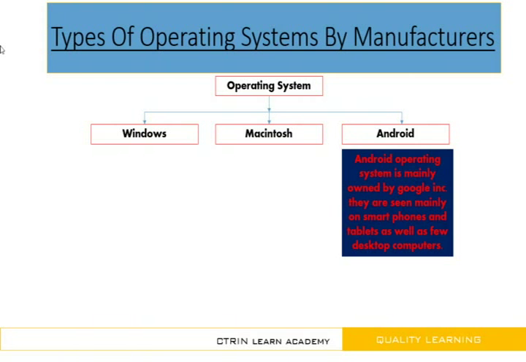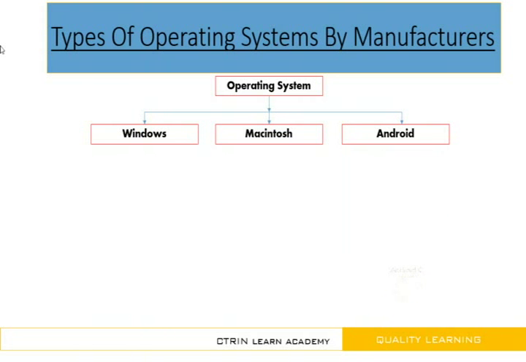Android phones are reigning in the market right now, so if you get a smartphone, it's going to be running on Android mainly. Some tablets, maybe 7-inch, 8-inch, or 10-inch, will all be running on Android. Some few desktop computers also run Android. It's a possibility, a matter of choice. They are well known for their logo, the Android logo down there.